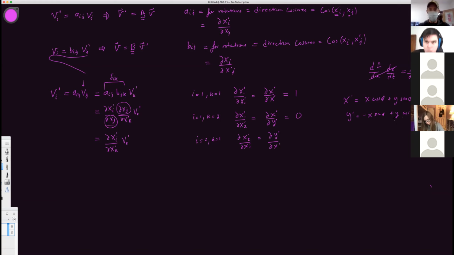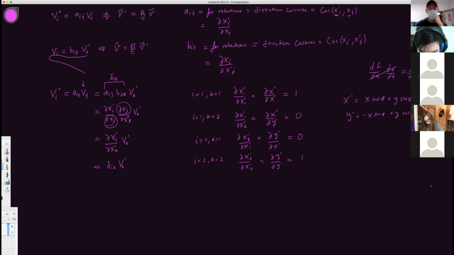There's no primes over here, right? So that's 0. And of course, i equal 2, k equal 2, partial x prime 2, partial x prime 2, which translates to partial y prime, partial y prime, which is just 1. Okay, so again, this thing here is delta ik, the identity matrix, or the elements of the identity matrix.